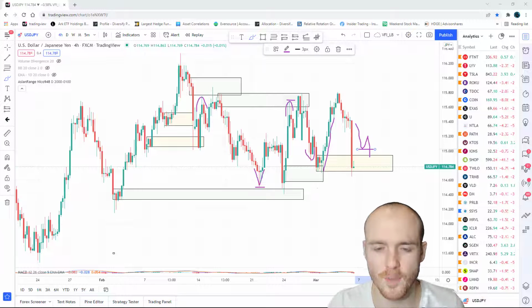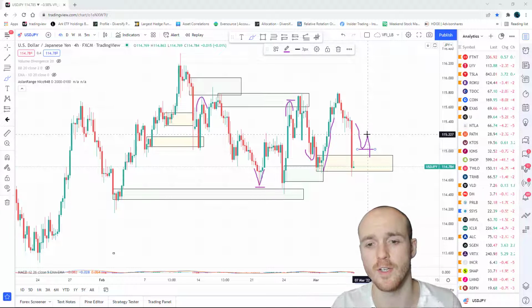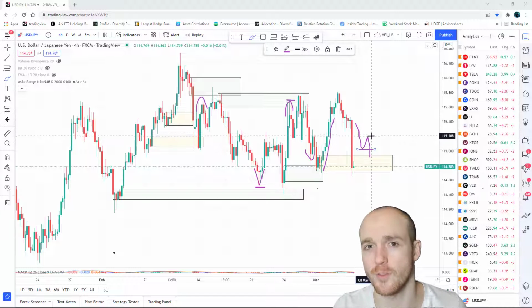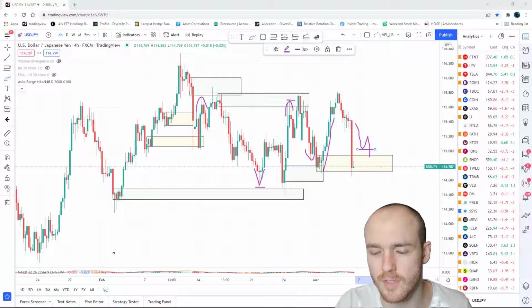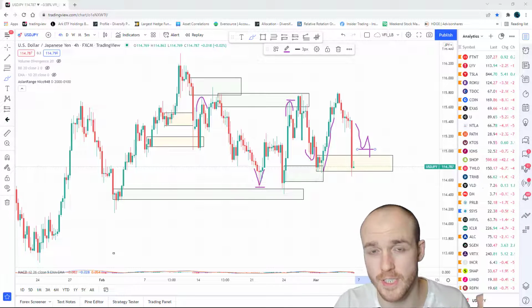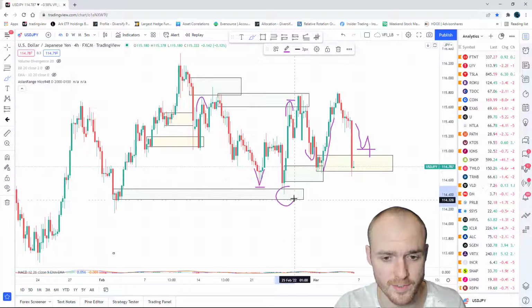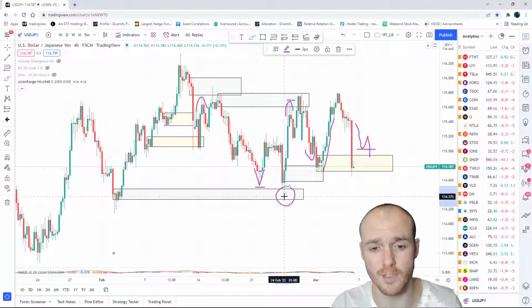So now let's talk about why we need this little fake-out move before price reaches an order block in order for the order block to work. The reason is because institutional investors need to engineer liquidity, let's say in this case right here, in order to facilitate their long positions.